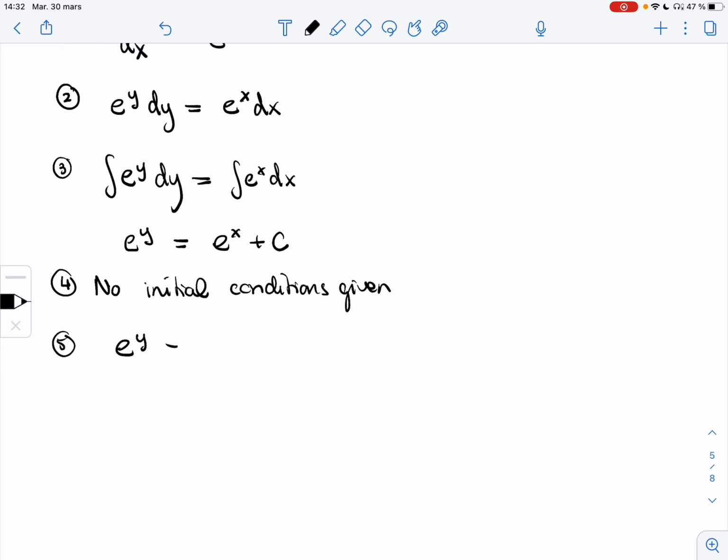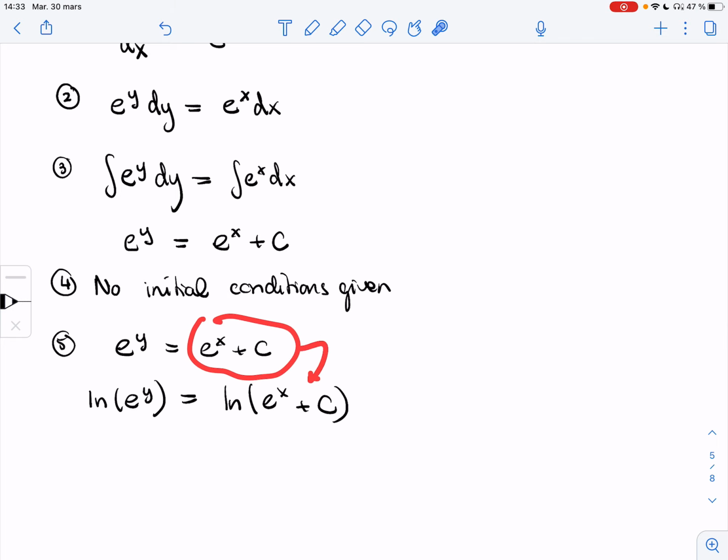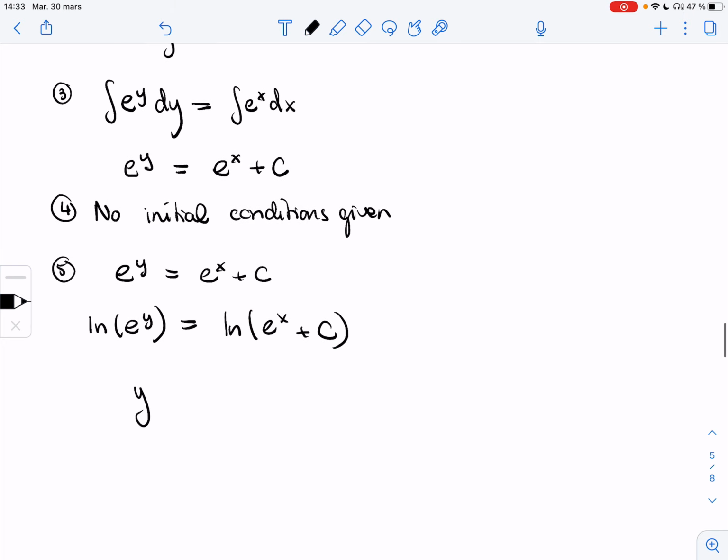So e to the y equals e to the x plus c. I'm going to apply log to both sides since that's the inverse function of the exponential. Again, notice that when I apply log to that side, I have a single log with everything inside. And so I get that y is log of e to the x plus c.